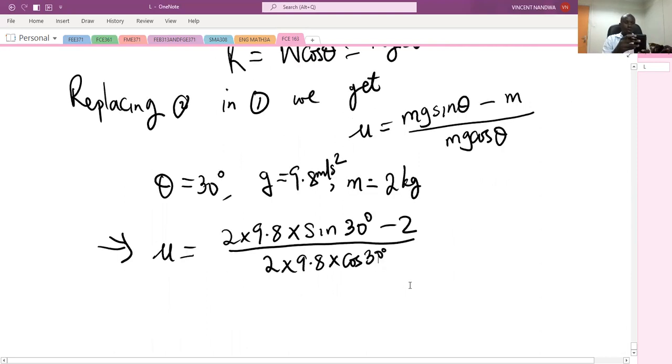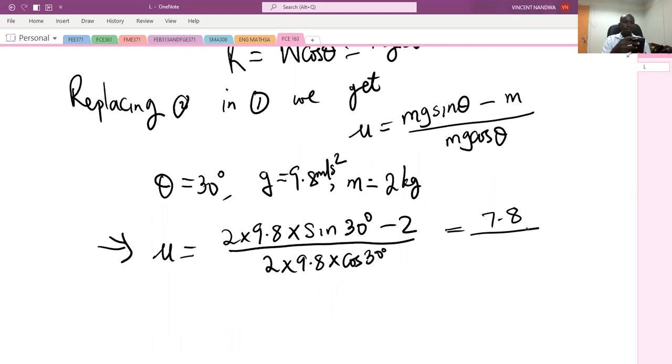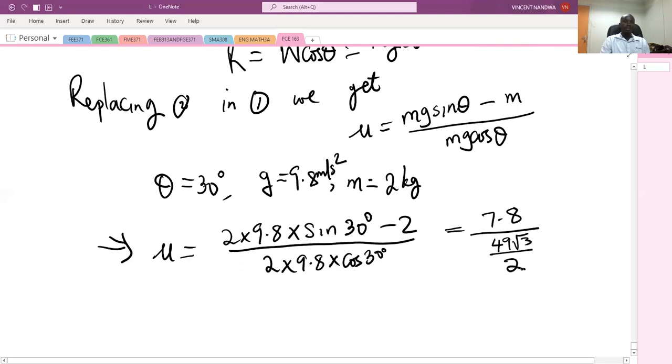So we'll have 2 times 9.8 times sine of 30 minus 2. That gives us 7.8 over 2 times 9.8 times cosine of 30 degrees, which gives 16.97.